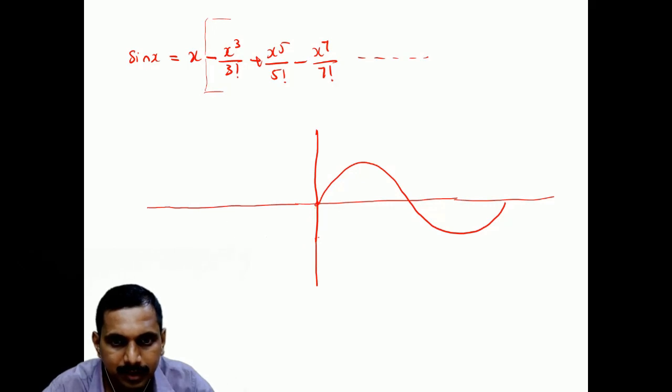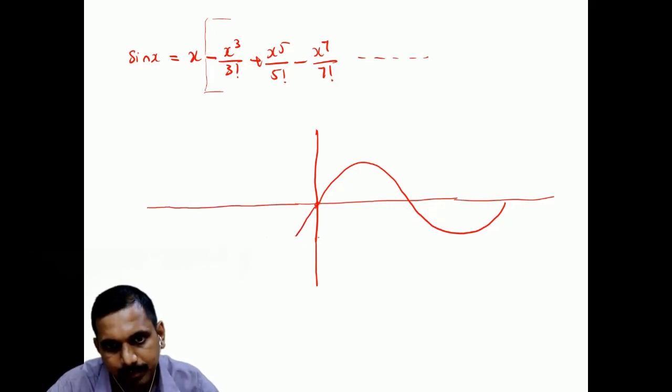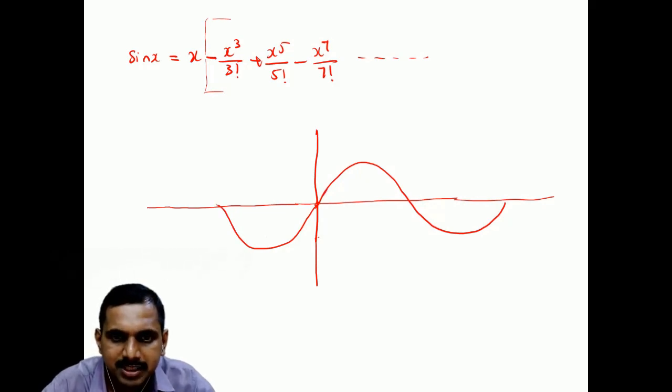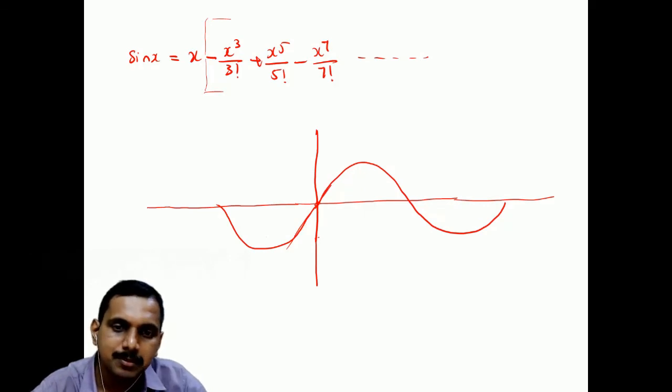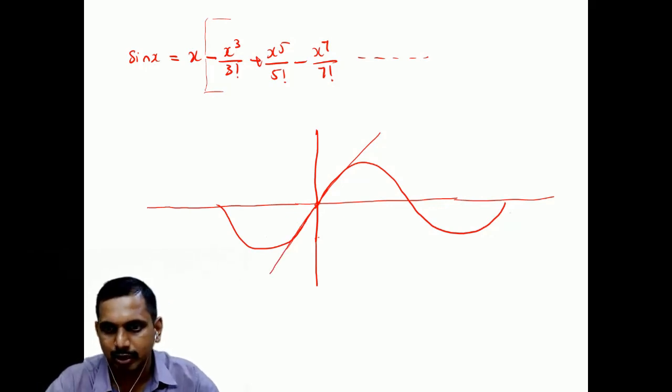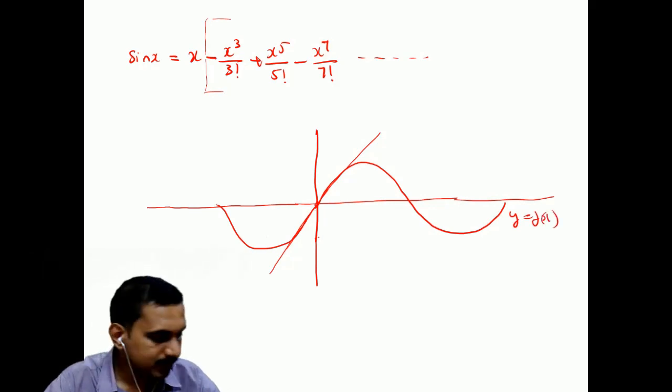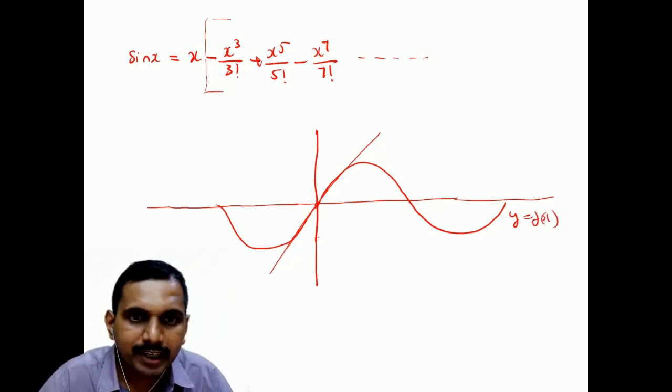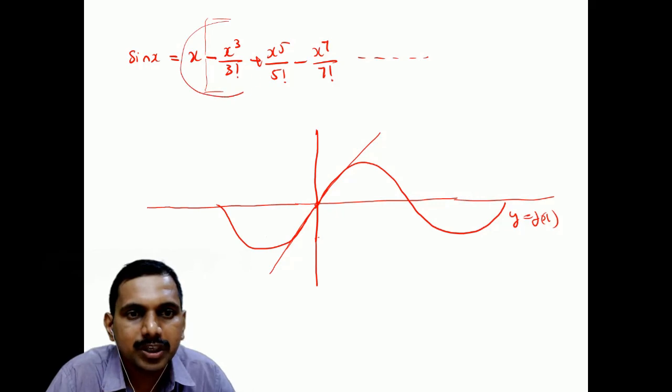Sorry, my writing is very poor. When the approximation happens, the first approximation approximates it as a line at 0. That is the approximation. It's not right. This is the actual y is equal to f of x.